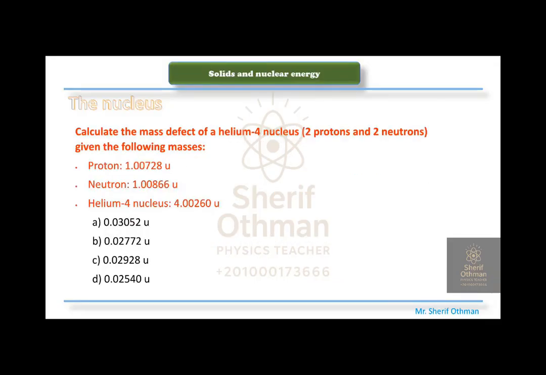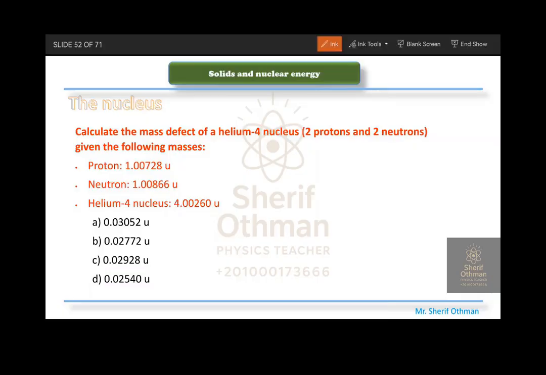Well done, guys. Calculate the mass defect of a helium-4 nucleus, 2 protons, 2 neutrons. It gave you the mass of the proton, the mass of the neutron, and the mass of helium. So I'm talking about helium, 2 protons, 2 neutrons. I'm going to multiply this one by 2, multiply this one by 2, then add them together, subtracting the nucleus mass, to find by the end the defect.